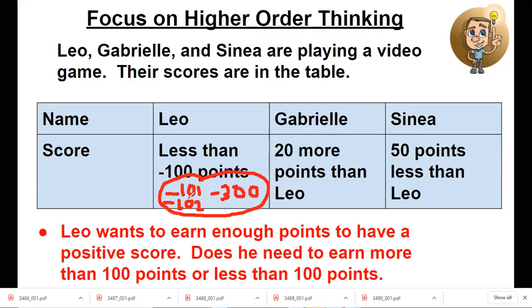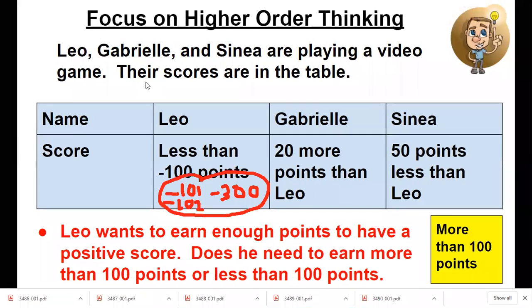If he's at negative 102, he'll need 103 points. If he's at negative 300, he'll need 301 points to get a positive value. So the answer is he needs more than 100 points in order to be above the 0 mark, right?